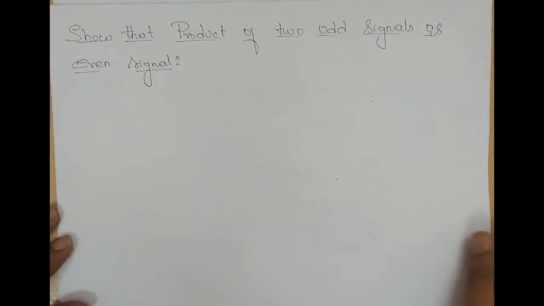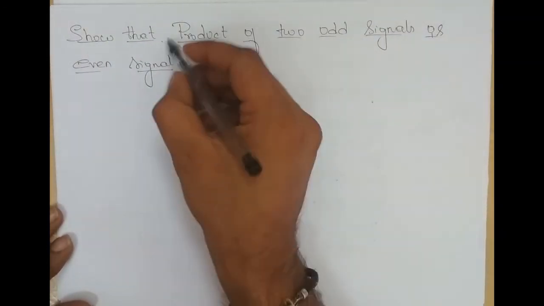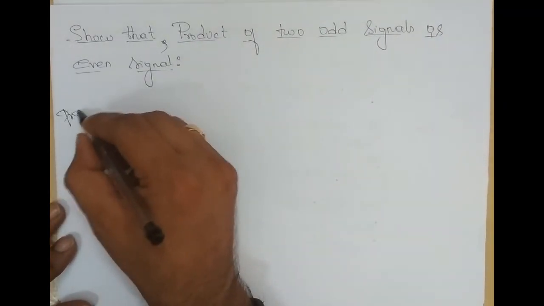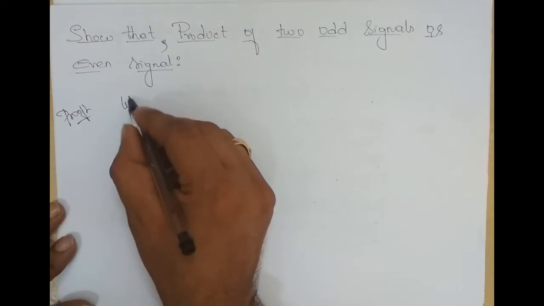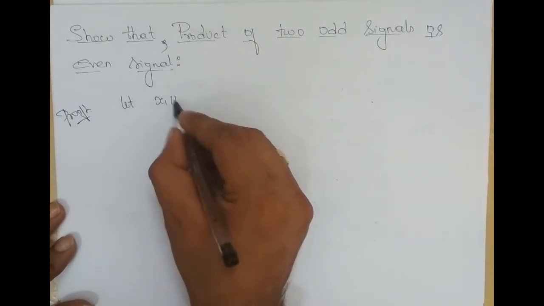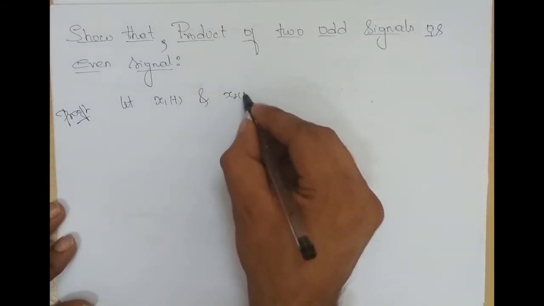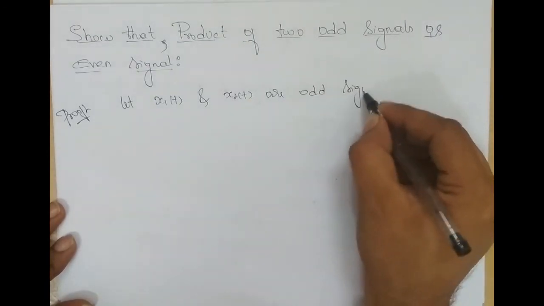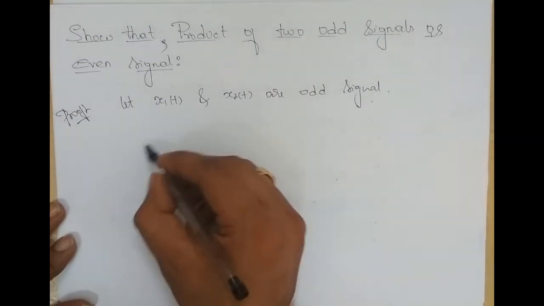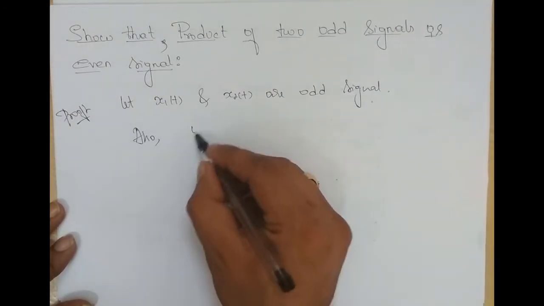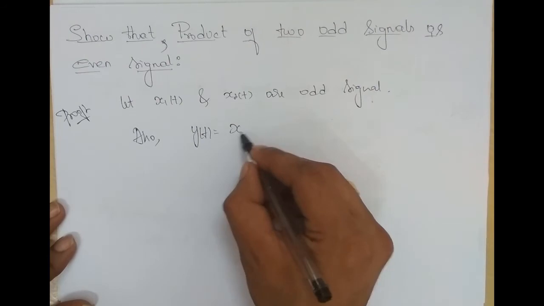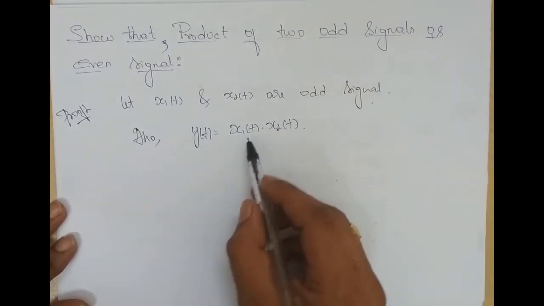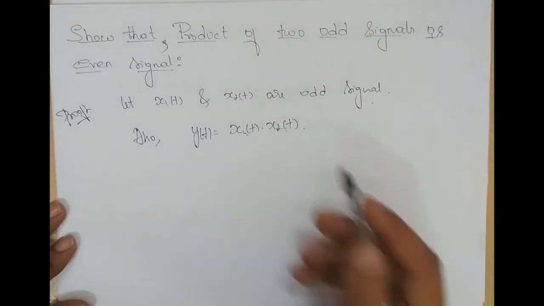So similarly, I have to show that the product of two odd signals is an even signal. Okay, so proof: let x1(t) and x2(t) be odd signals. Also y(t) is equal to what? x1(t) into x2(t), the product of odd and odd, right?